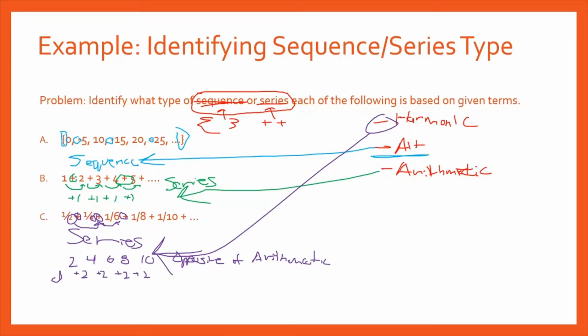So again, guys, just the common ways that I've been looking at these to identify which one is which is to first off, when you're looking for a sequence or series, look for the brackets or the pluses as noted up here. And then secondly, look through the series, see if you have the alternating pluses and minuses. That'll identify an alternating series.